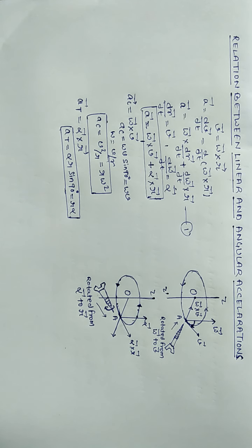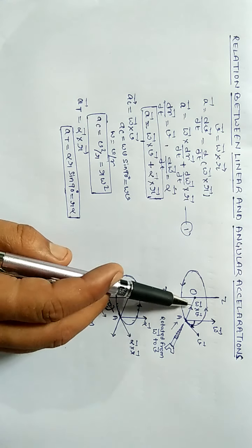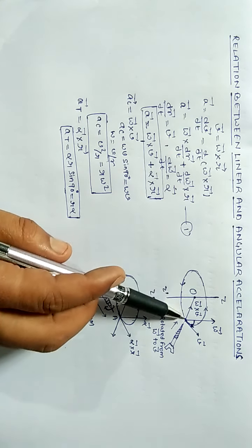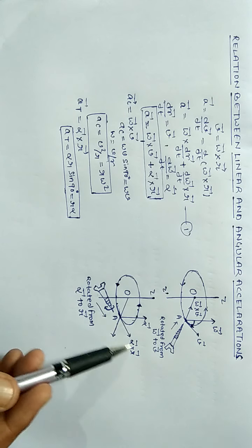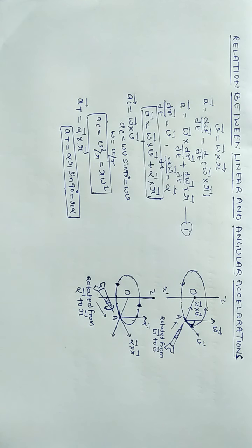The radial and transverse components of the total acceleration of the object are perpendicular to each other because the radial component is along the radius and the direction of alpha cross r is along the tangent.